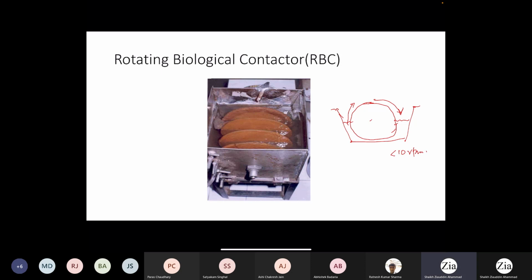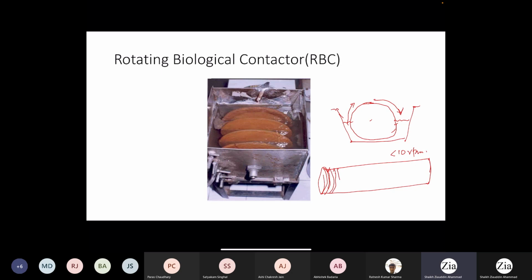And this is a lab scale reactor system, but in industry, at larger scale, you will actually get a very big drum kind of configuration. But this drum is actually not like a continuous drum. You have a stack of disks.